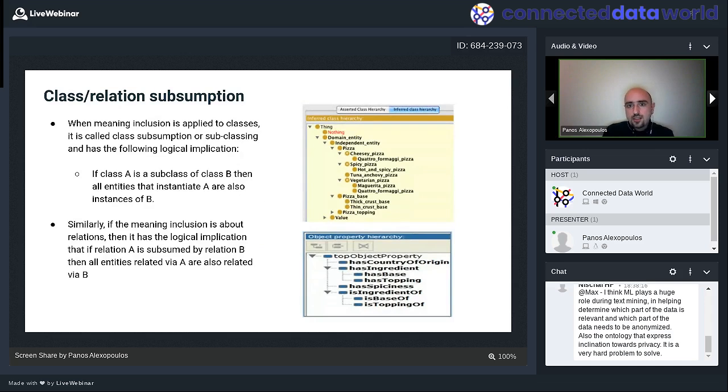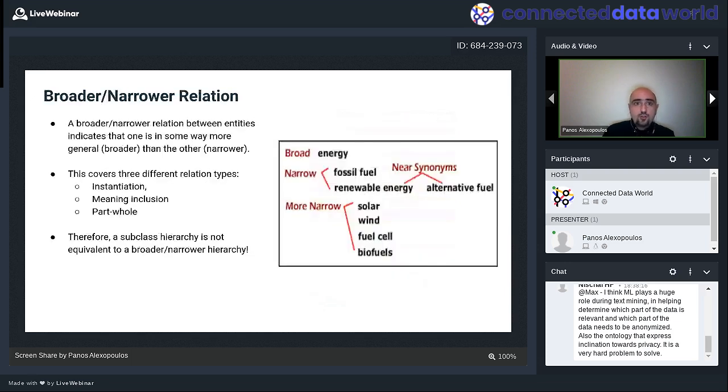So for instance, if we have the class pizza and it has a subclass cheesy pizza, then all instances of cheesy pizzas are also instances of pizza. And the same can be said about relations. But in general, we may have just broader and narrower relations between concepts. This indicates that one is in some way more general than the other.